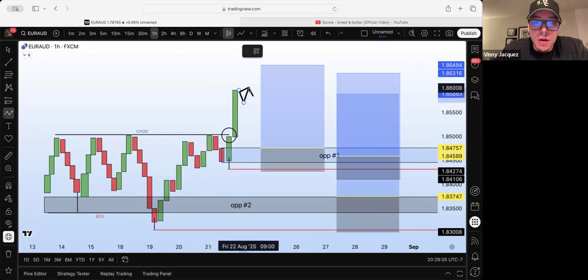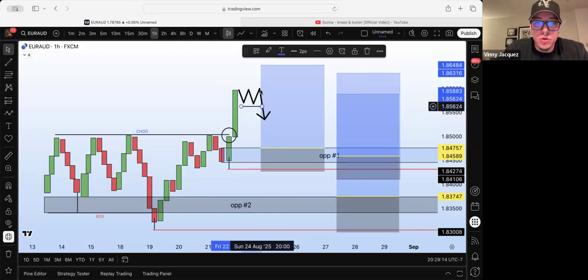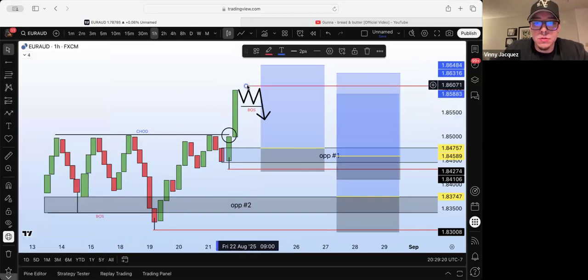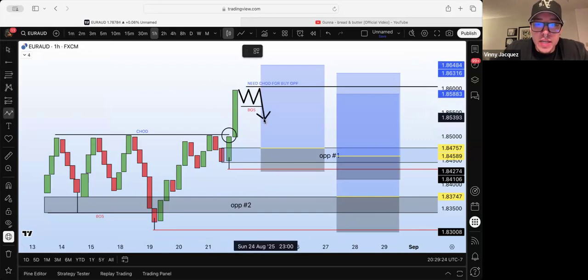So as the market is coming down, it's super important that we locate our breakage structure to the downside, right? We have our breakage structure. Label that. At this moment, this is my change of direction. Okay. And we're going to rinse and repeat.